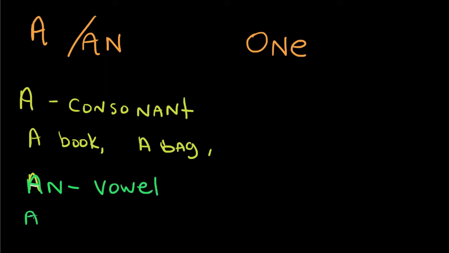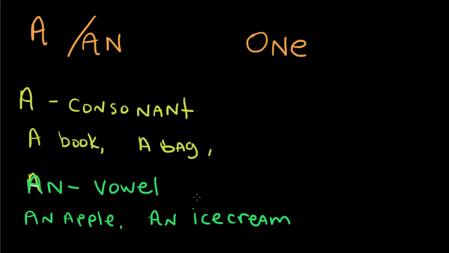For example, an apple, an ice cream. So the vowels are A, E, I, O, U.